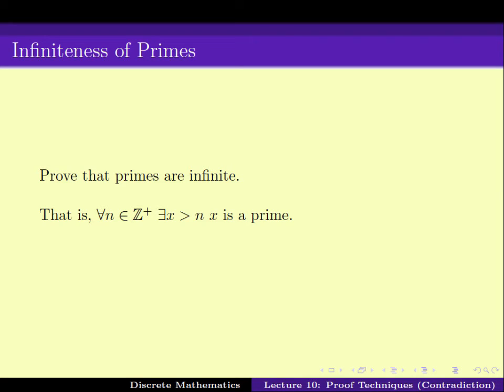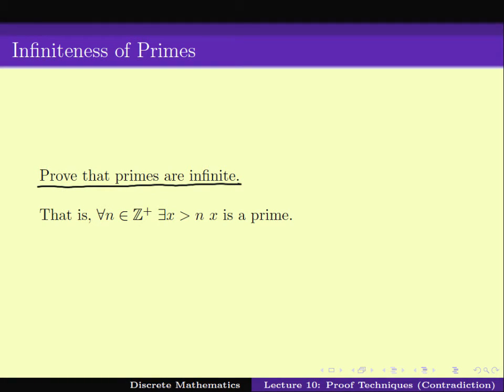If we want to formulate this statement, that primes are infinite, in terms of A implies B, what is B and what is A? So B is clear. B is: primes are infinite, right?